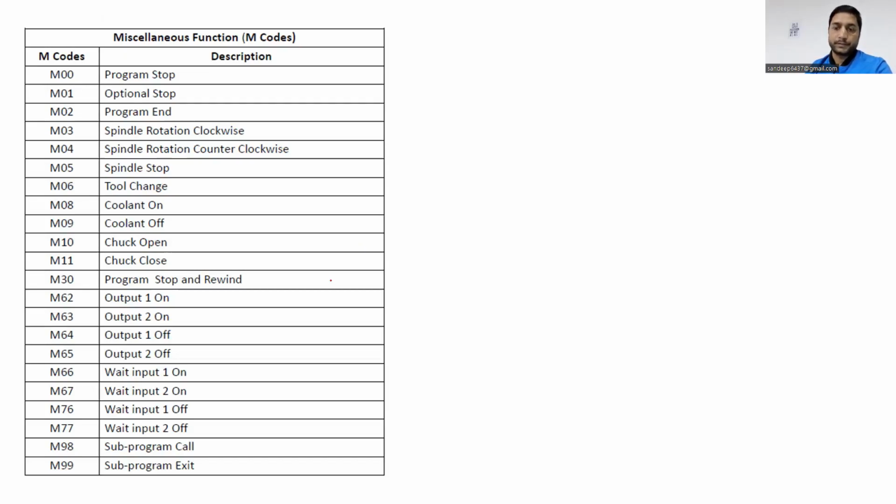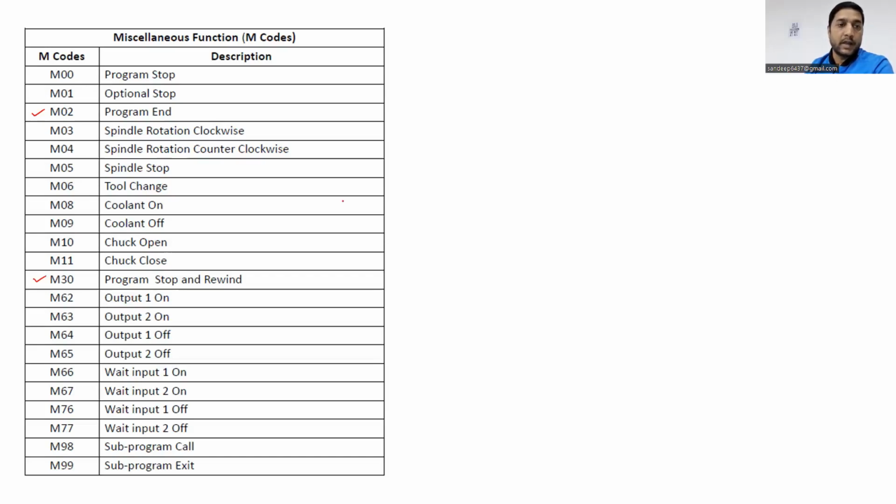Next, we have M02, program end, and one more code, M30, for program stop and rewind. What is the difference between them, because both are used to end the program? Let me explain. Out of M02 and M30, M30 is mostly used in order to stop the program, because M30 will stop the machine wherever it is currently positioned and reset the memory to the top of the program.